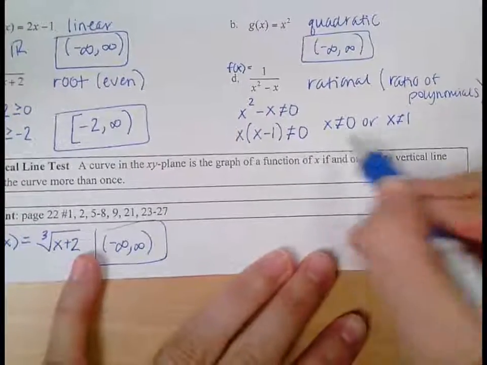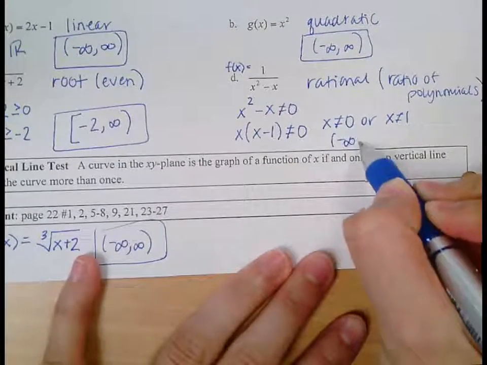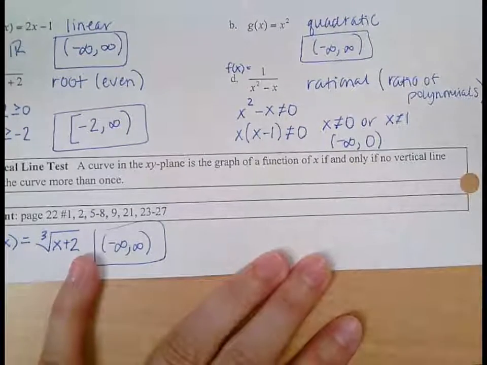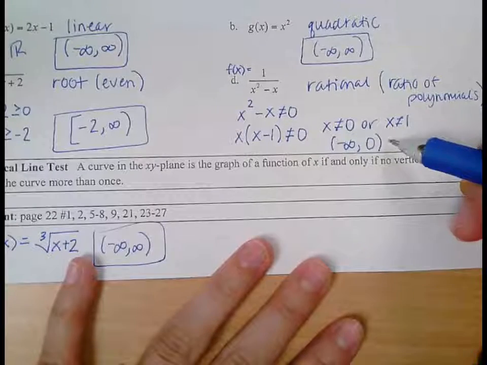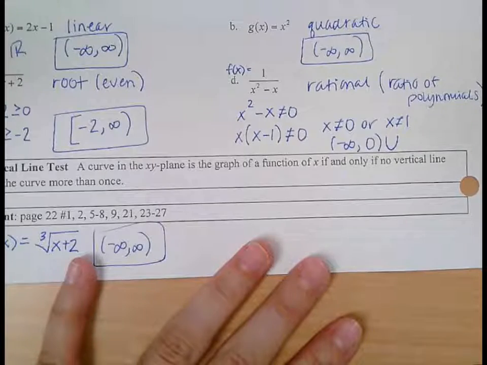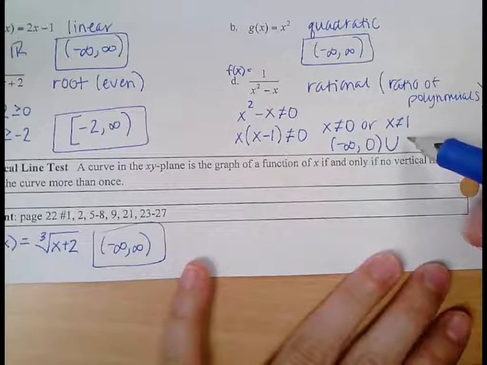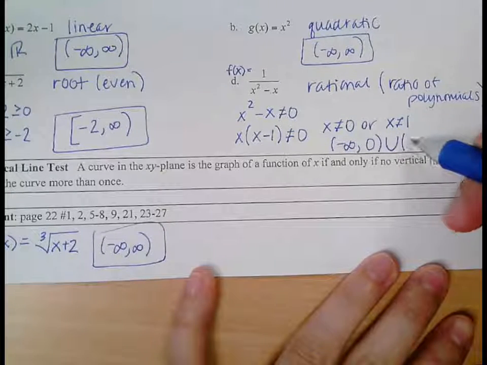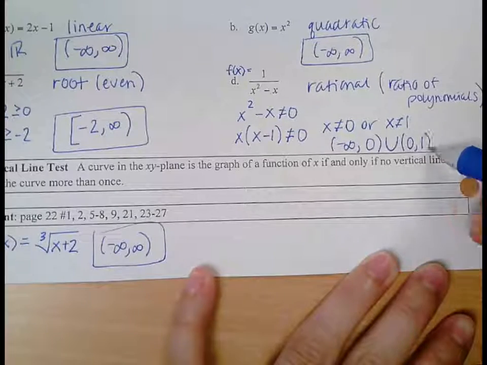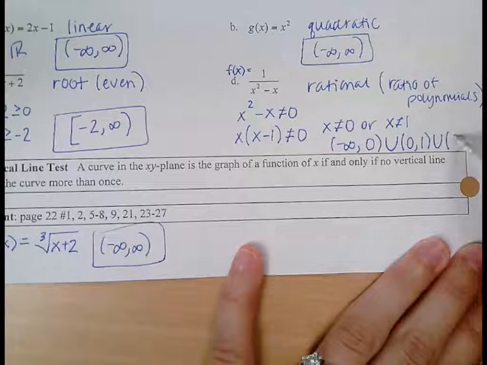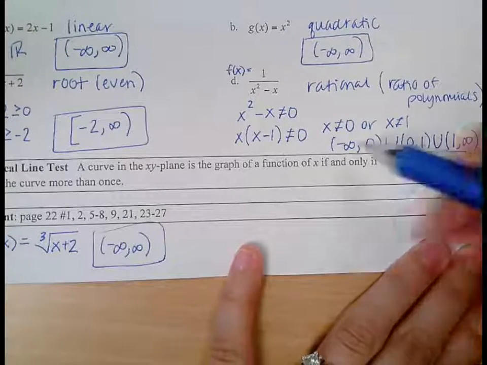Negative infinity up to 0, and I'm not including 0, so it gets a parenthesis. And then you use the union symbol, which just looks like a capital U. The next interval would be any number between 0 and 1, again, not including 0 or 1. So parentheses 0, comma 1, parenthesis, and then union again, parenthesis 1 to infinity.